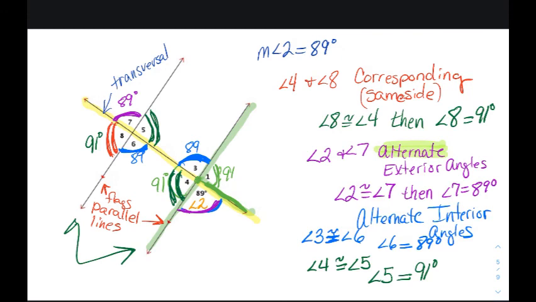All right, so there's also one other relationship we want to talk about. Because if you'll notice, what happens if you add up two interior sets? Let's think about that. Angle 3 plus angle 5. What would we get? I hope you could say 180 degrees.